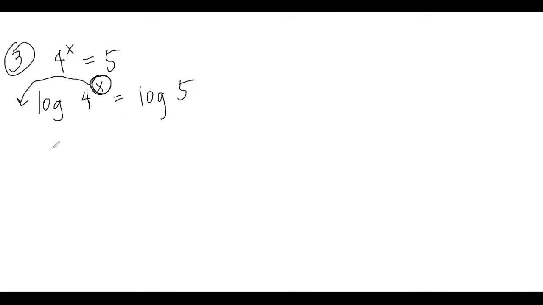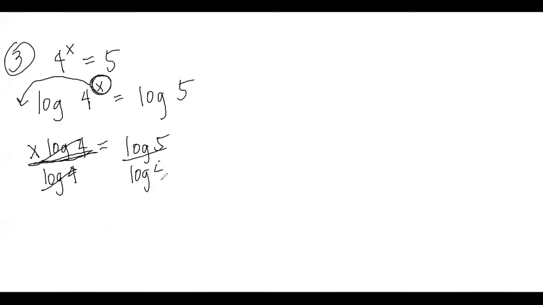Power rule. So we have x logarithm of 4 equals logarithm of 5. Kailangan x lang ang makuha natin. Anong gagawin para matanggal yung logarithm of 4? Divide. Very good. Divide logarithm of 4. Cancel si logarithm 4. Sa kabila ay logarithm of 5 over logarithm of 4.